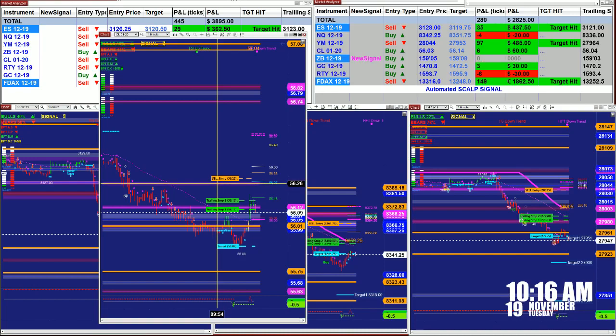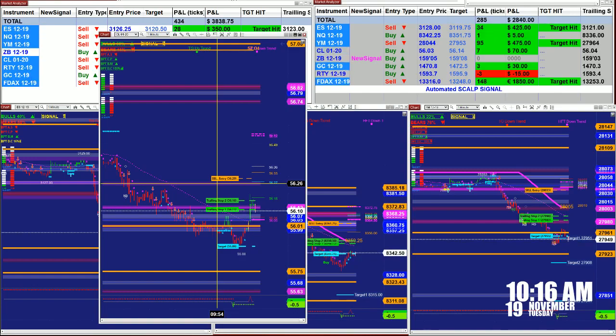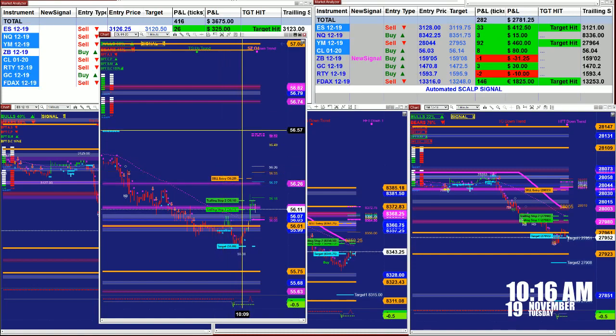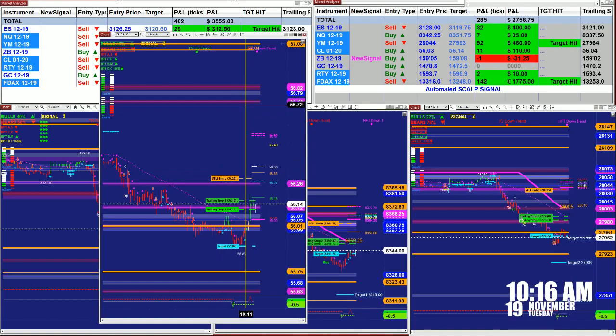Make sure that your 56.26 is a very, very critical resistance on the CL. Once we cross the 56.26, you are clear to 56.72, all the way to the clear.